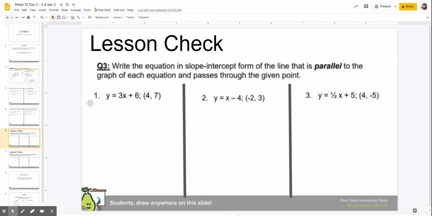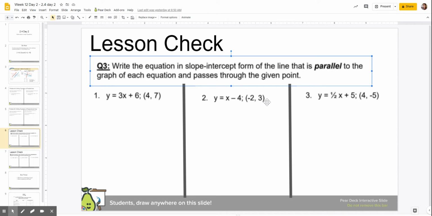Hello, we are just going to review how to use point slope form when we are finding our equation in slope-intercept form. So the first three examples you see here on this slide are asking us to write the equation in slope-intercept form of the line that is parallel to the graph for each equation and that it passes through the given point that you're given.